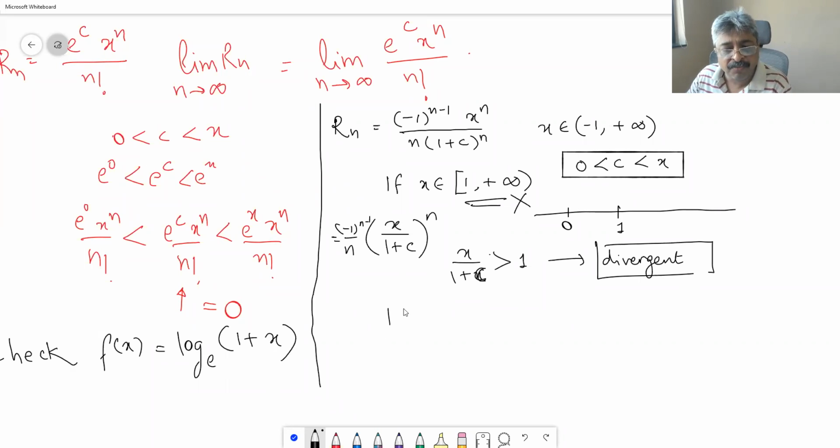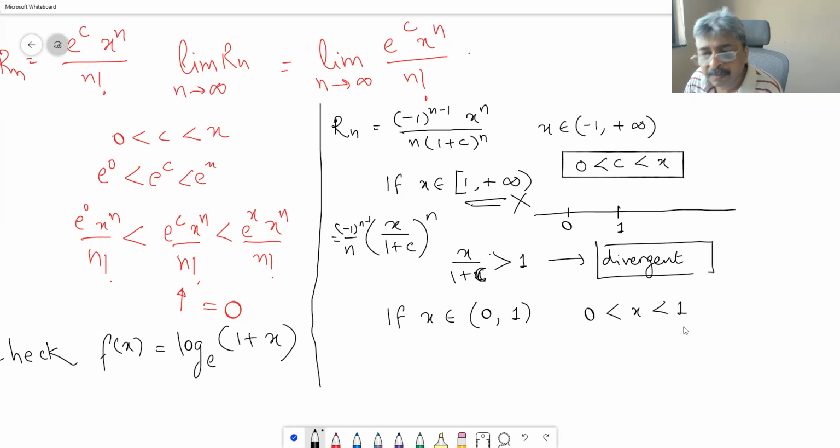Now let us see if x belongs to, say, 0 to 1. So if x is between 0 to 1, that is 0 is less than x is less than 1, then c is between 0 and x. Then what will happen?